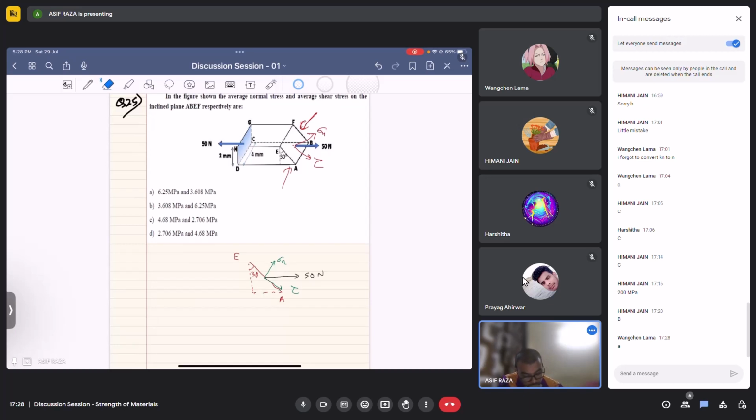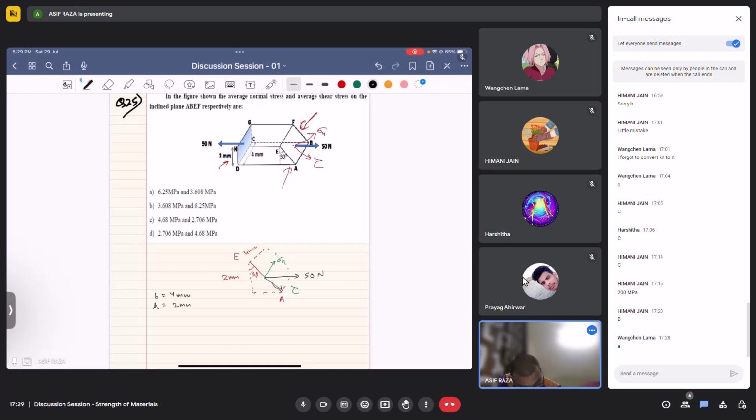So this is it. Now let's see what are the other dimensions provided. This height is 2 mm, right? And the width of the cross section is 4 mm. So I'll use notation B as 4 mm, H as 2 mm.